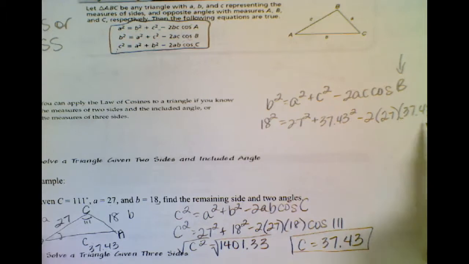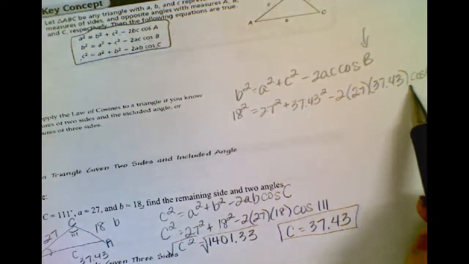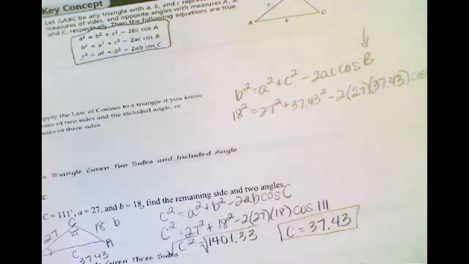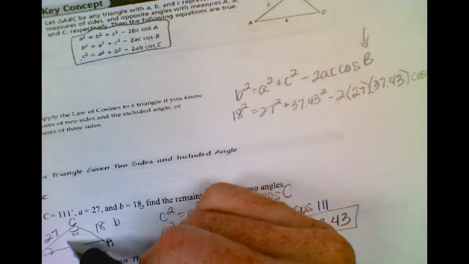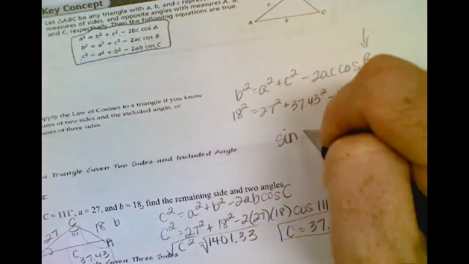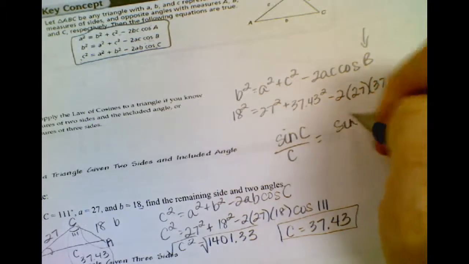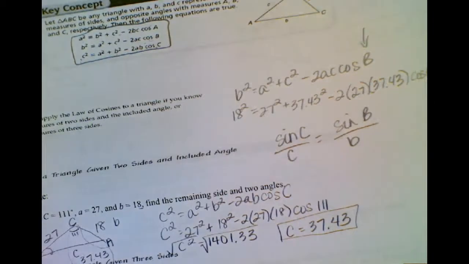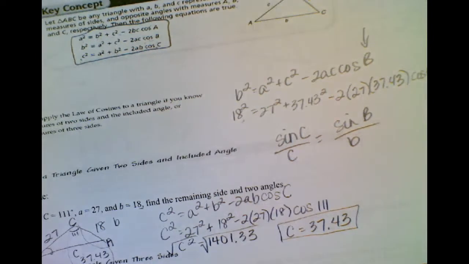Now what you're going to see is why it is so much easier to use sine when you're solving out for that triangle. Look how long that formula is compared to what we would have to do for the law of sine like we did before. So now that we have a control group, we've got the angle of C and the side of C. We can use sine C over C equals sine B over B, which obviously would be much preferable to this long formula here.